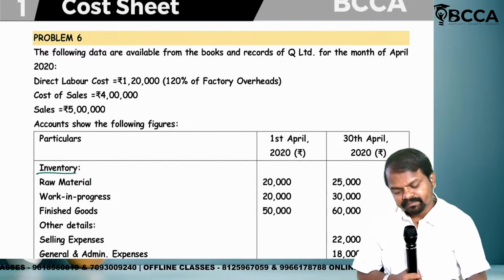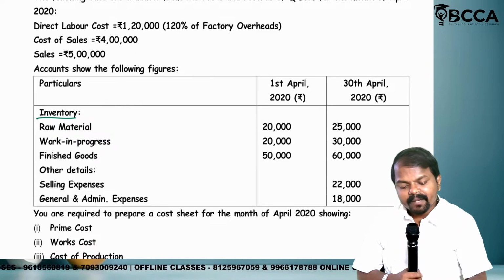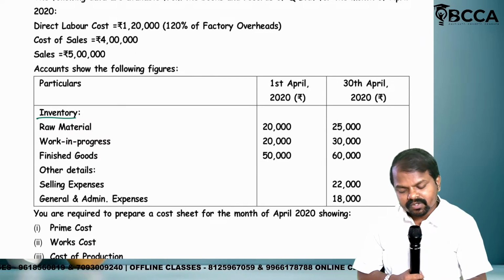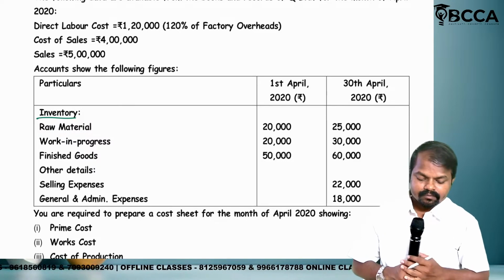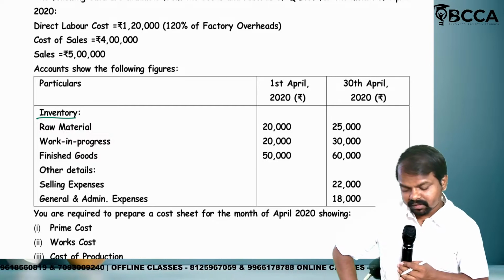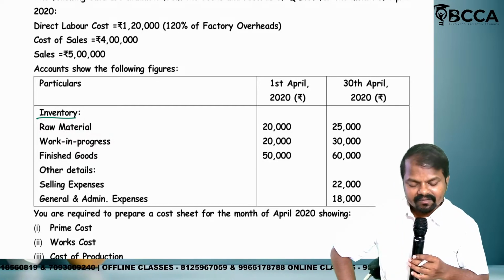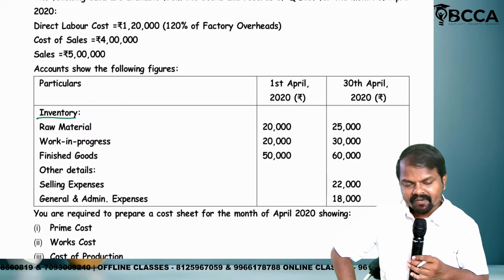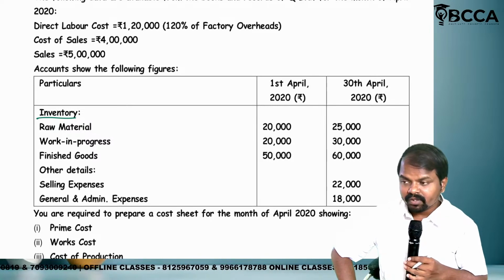Clear. Next. Accounts show the following figures: 1st April 2020, 30th April 2020. Inventory: opening stock of raw material, how much? Closing stock of raw material. Opening stock of WIP, 20. Closing stock of WIP, 13. Opening stock of finished good, 50,000. Closing stock of finished good. Other details: selling expense, 22.